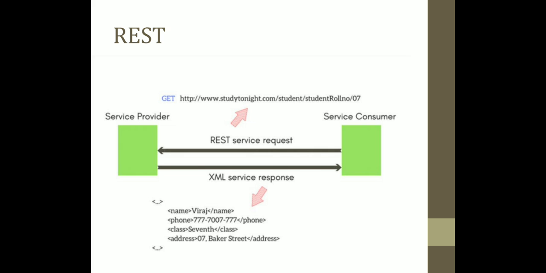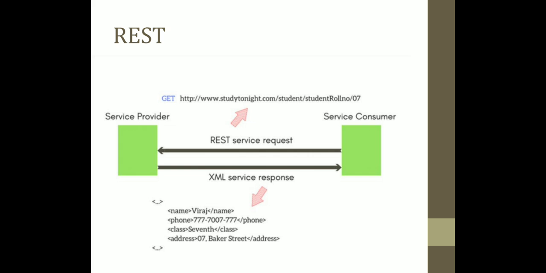You can see here we have used the GET method, and we have given the link for that student information, so that the information will be retrieved on a fast basis, because we already have the location or URL of where the data of that particular student is saved. Then the data will be taken and sent in XML format as a response again to the consumer.